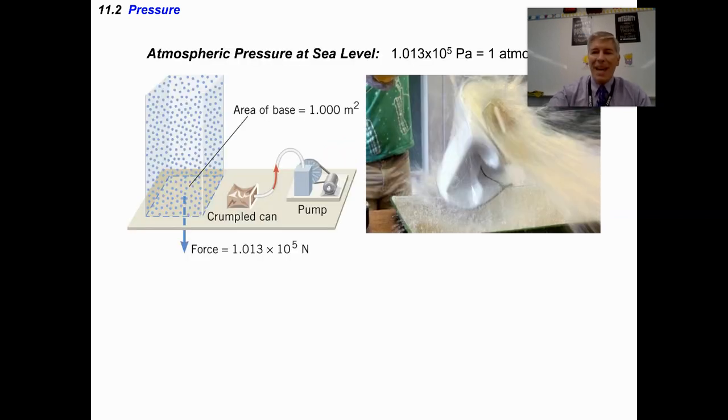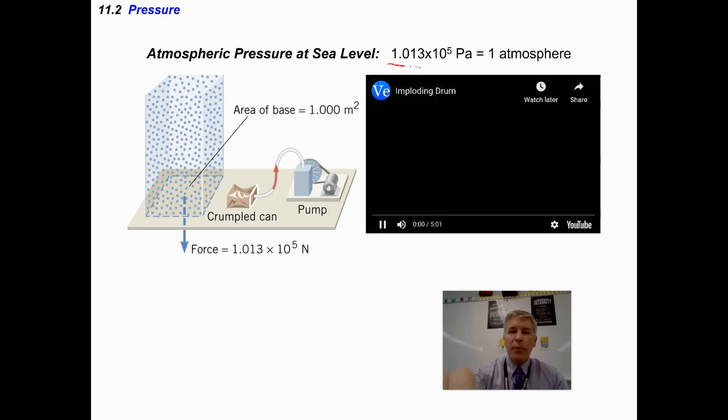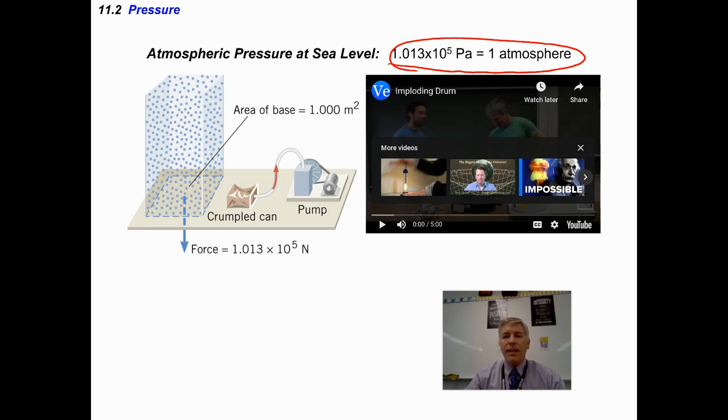Atmospheric pressure is amazing. The atmospheric pressure at sea level is 1.013 times 10 to the 5th pascals. This comes from the fact that if you had a base that was 1 square meter here, it would have a force of 101,300 newtons.